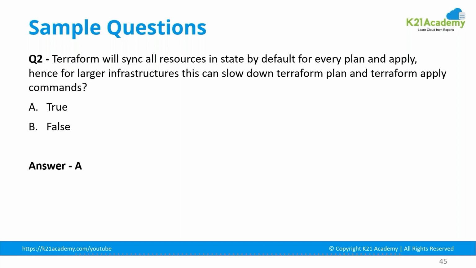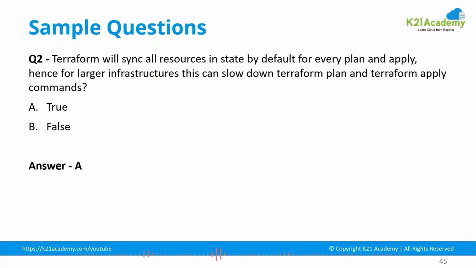If I don't want the refresh to happen, how should I go ahead and increase the speed of running the plan? When you are running the plan at the command line, just say refresh equal to false. In case of infrastructure which is very heavy, just say refresh equal to false.